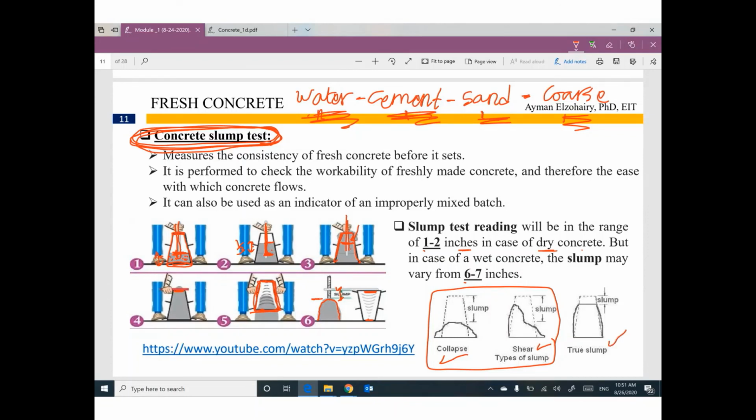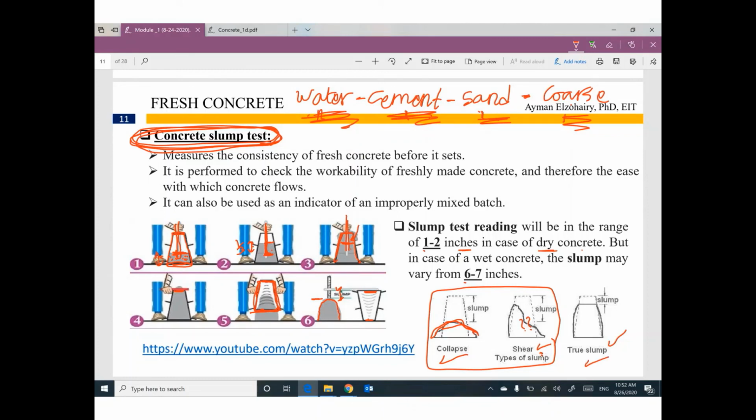If you have shear collapse, or you have complete collapse, this is due to too much water. I think this one you have a very bad ratio between sand or coarse aggregate. But the optimum or the ideal shape is this one.